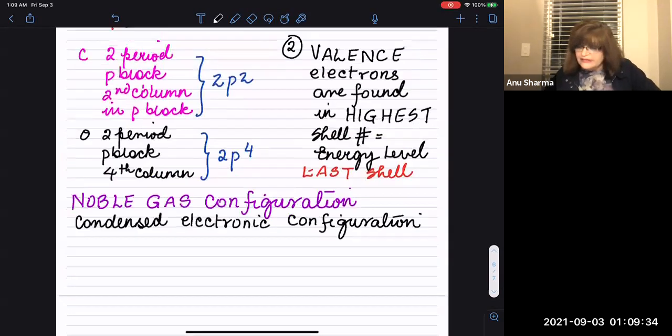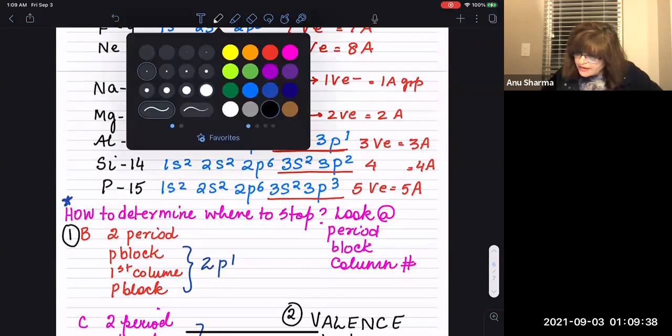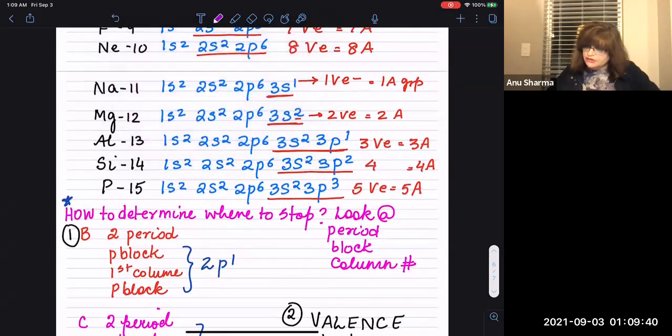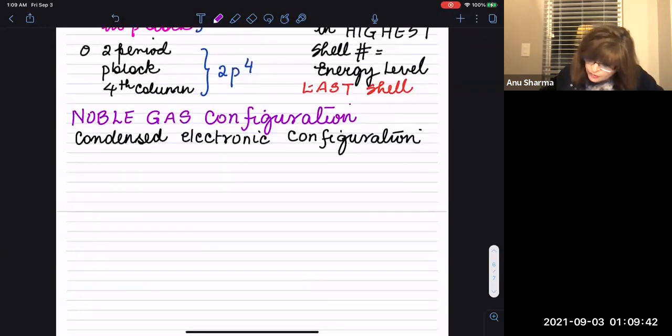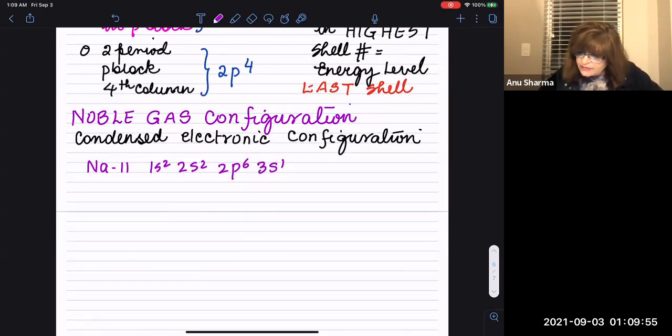Okay, so let's look at it one more time. For example, sodium, magnesium, and aluminum. Let's look at sodium: 11 electrons, 1s2, 2s2, 2p6, and 3s1. There's another thing I want to point out.